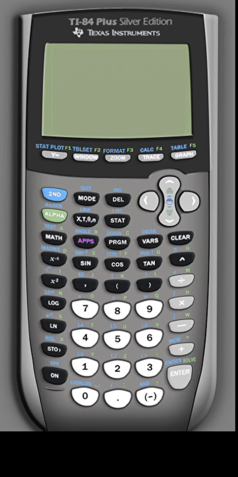Now, the next example will be the binomial CDF. The binomial CDF computes a cumulative probability at x for the discrete binomial distribution with the specified number of trials and probability of success p on each trial. X can be a real number or a list of real numbers.